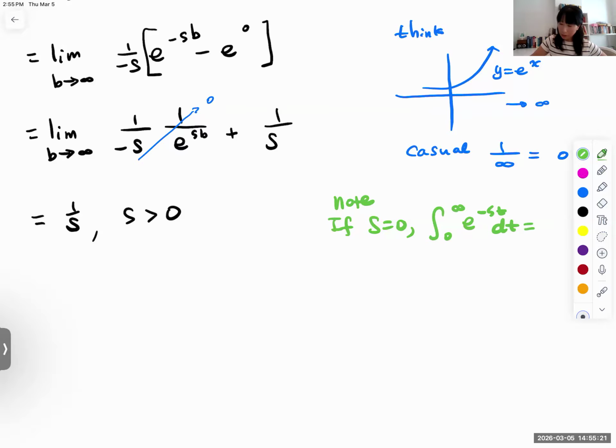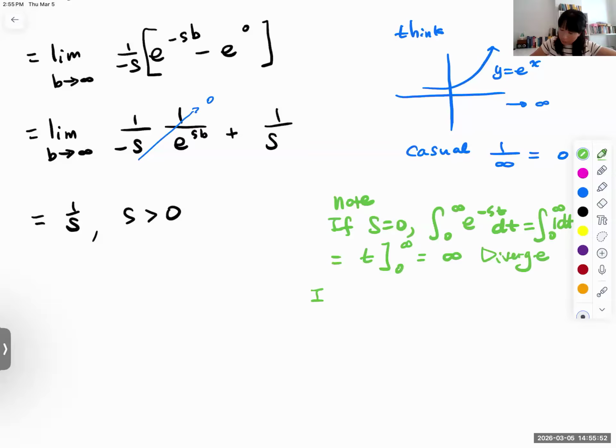What do you get? We have the integral from 0 to infinity of 1 dt, which gives t from 0 to infinity. So we get infinity, which is divergent, right?